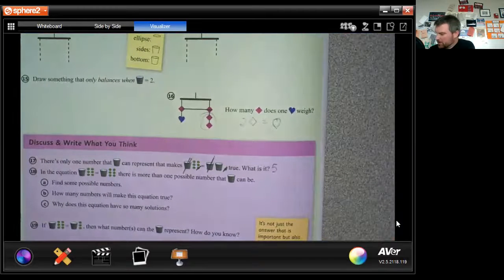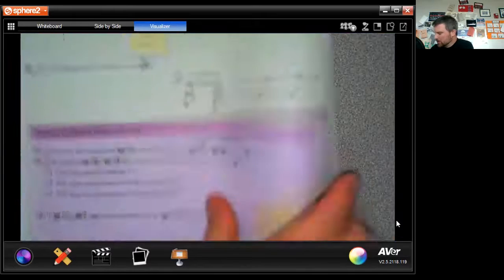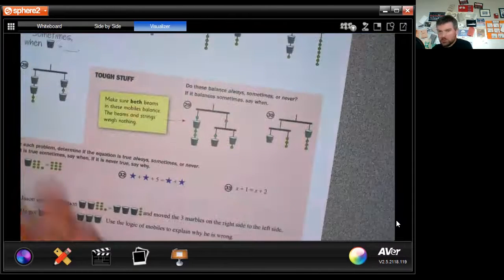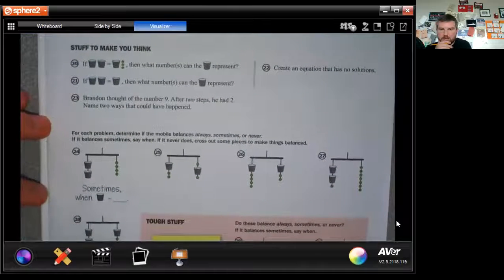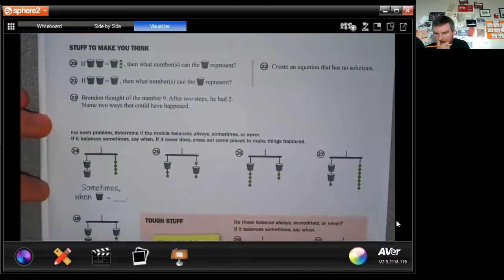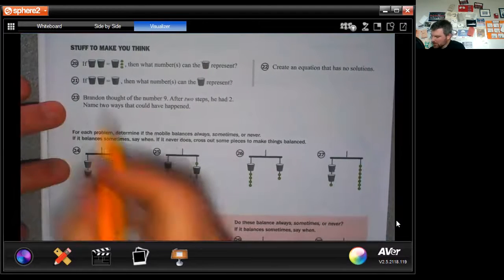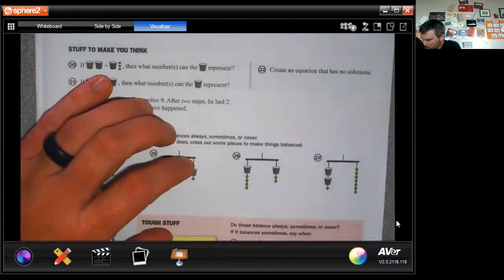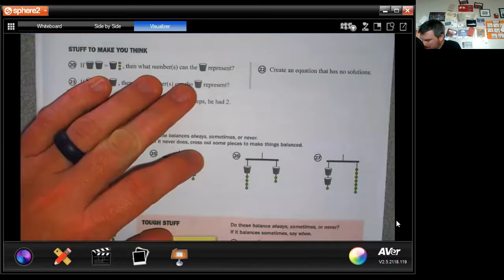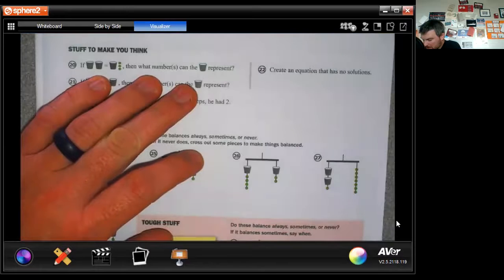Okay, so I'm going to give you some time here. You can go ahead and, oh, nope. I'll do a couple more here on the stuff that makes you think. All right, so let's see here. Let's do 20. If 2 buckets equals a bucket and 3 marbles, then what number or numbers can the bucket represent?